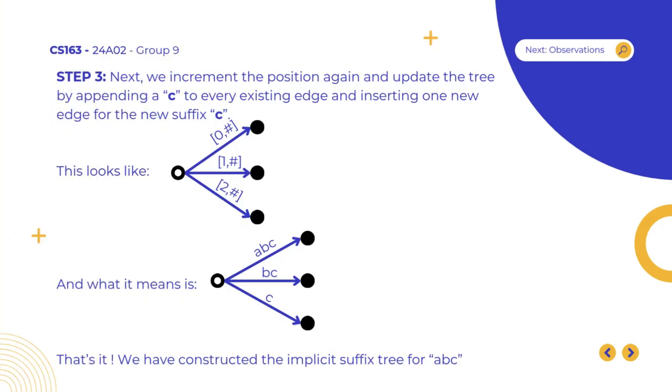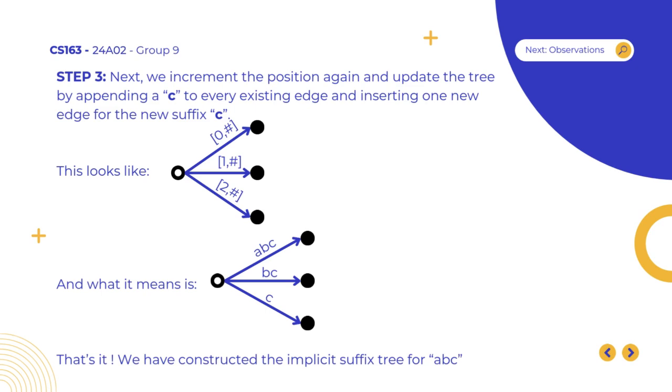Step 3, we add in the C. We increment the position, which is the hash, again, and update the tree by appending C to every existing edge. The act of incrementing the position is updating the tree because it will change every edge to its new edge, which will have the C in it.